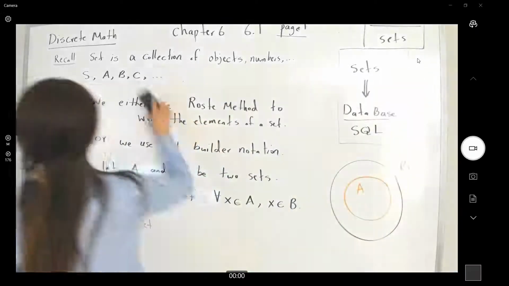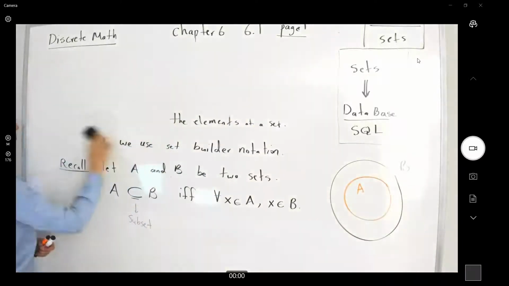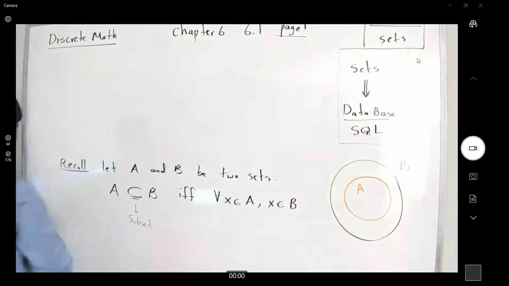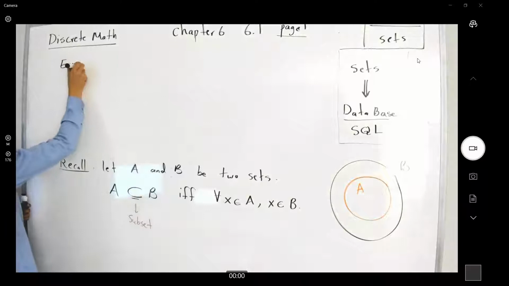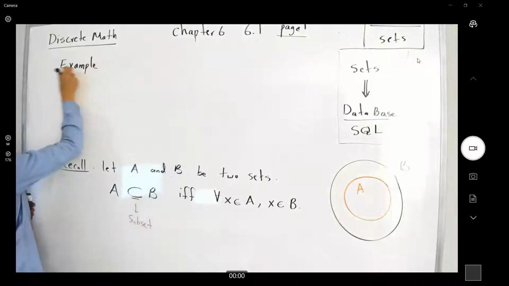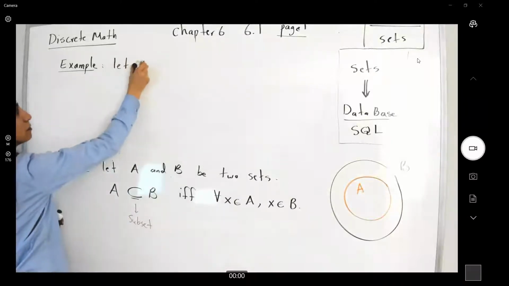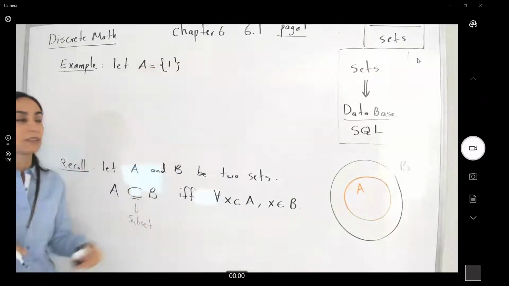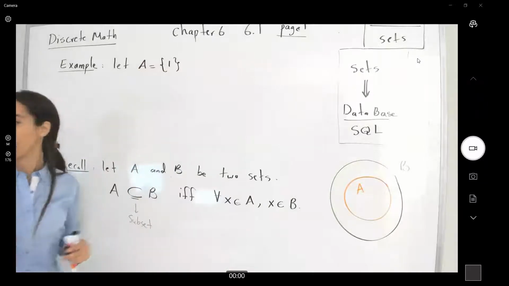So take a look at this example. Let A be a set including just one member. The cardinality of set A is 1.